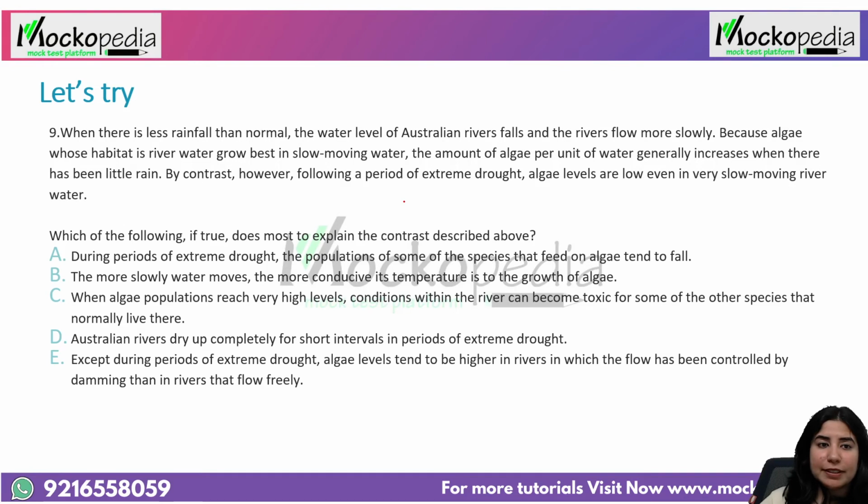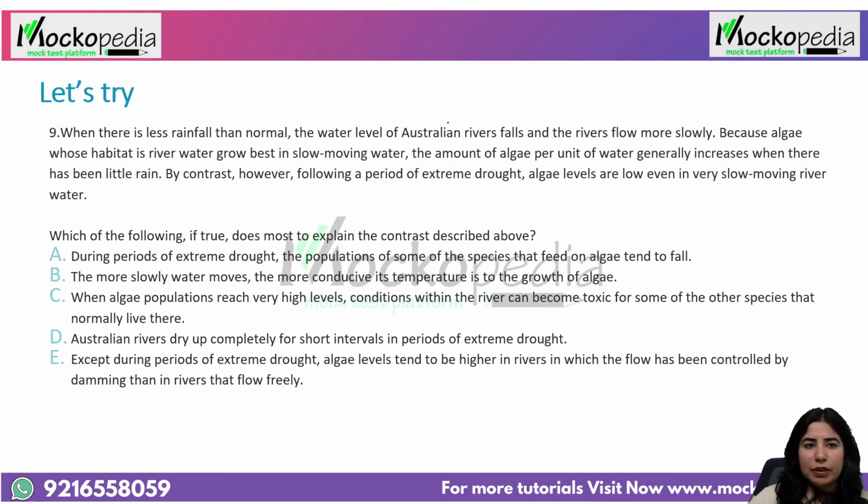So let's begin with the discussion. Which of the following, if true, does most to explain the contrast described above? So clearly we are able to identify that it is a resolve and explain question. So now we are going to take a look at the argument. When there is less rainfall than normal, the water level of Australian rivers falls and the river flows more slowly.